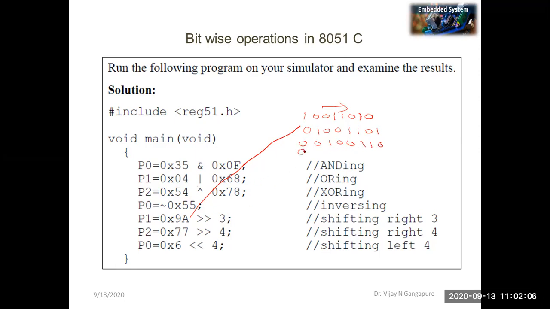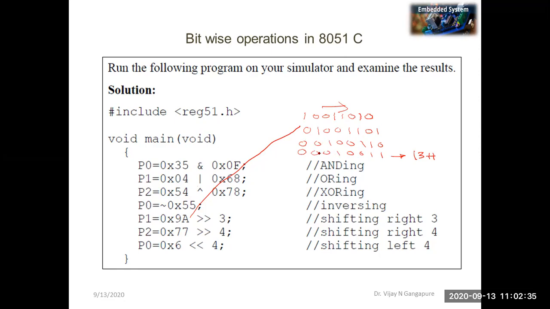So again 0 0 0 1 0 0 1 1. This data in hex is 1 3. So 13 is the result after shifting this 9a by 3 positions towards the right, and that will be outputted to P1. Now see here, while shifting towards the right, from the left, zeros will get appended.